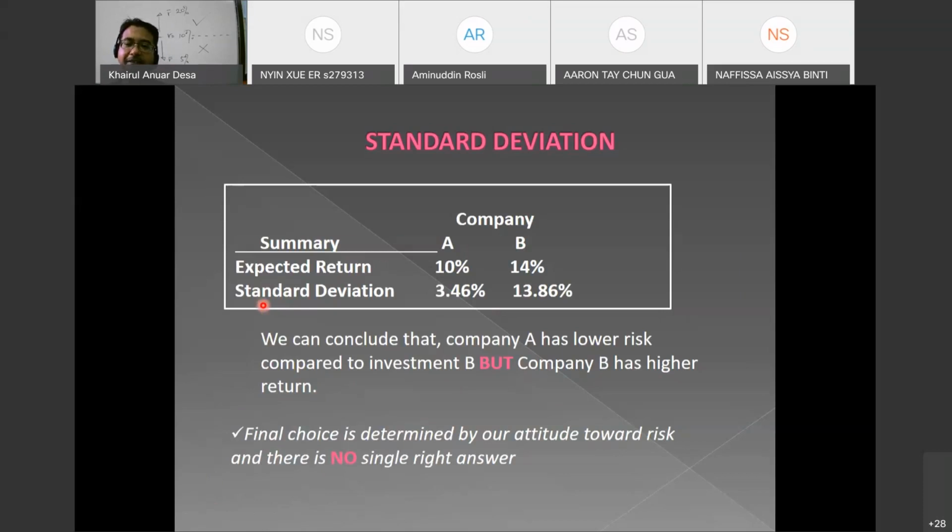But some others are not ready to involve in riskier activities, so they go more for stable security atau pelaburan, stable investment. Bukan semua orang sama. Ianya adalah berdasarkan kepada risk appetite atau risk attitude kepada seseorang pelabur tersebut.